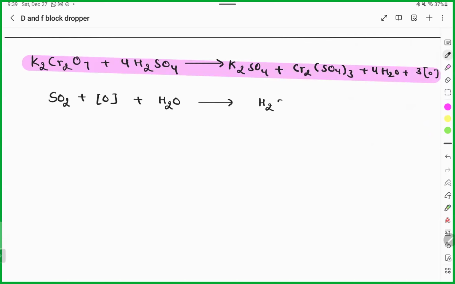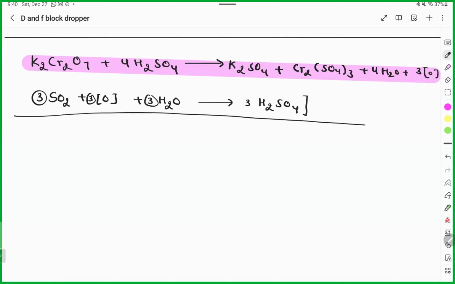H2SO4, correct? Again, if you see, this reaction is balanced, but you need 3 nascent oxygen. So you multiply by 3. When you multiply by 3, what will be the special thing? Everything will become 3. For example, this 3SO2, this 3 nascent oxygen, this 3H2O, and this 3H2SO4.